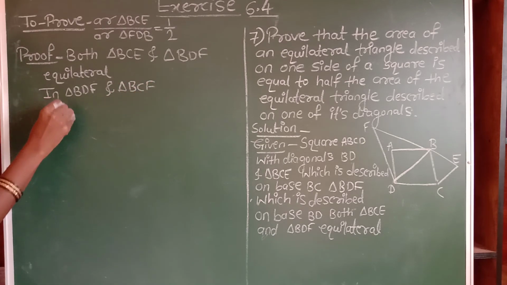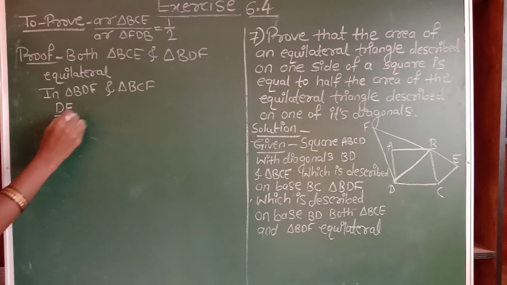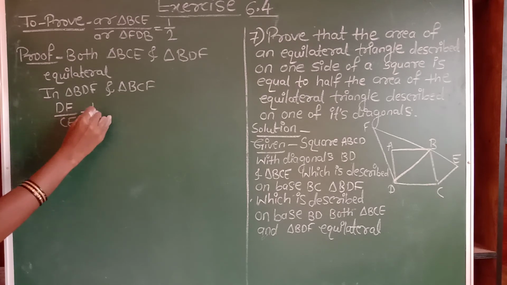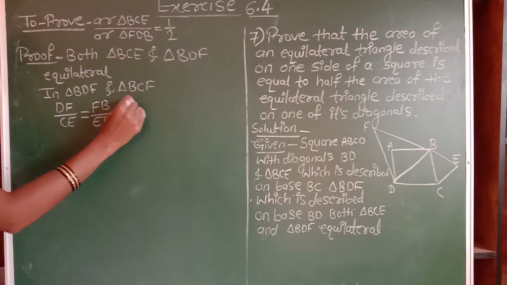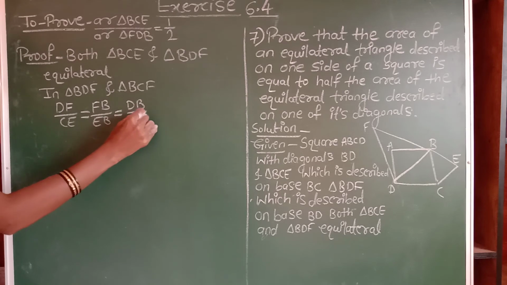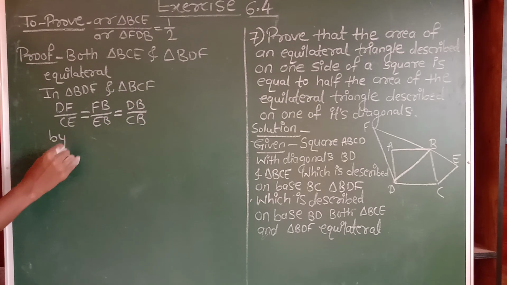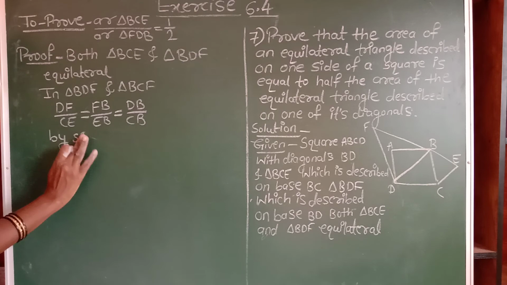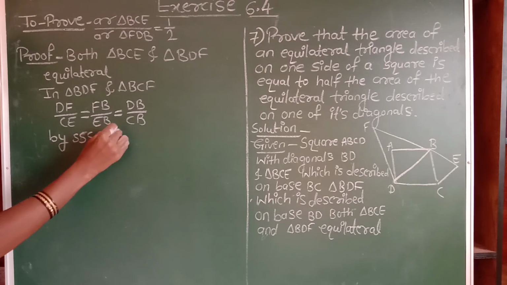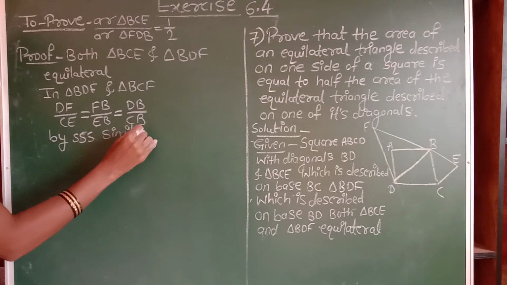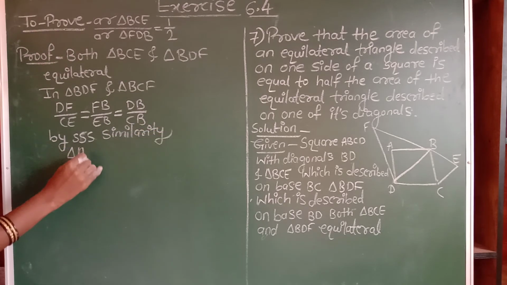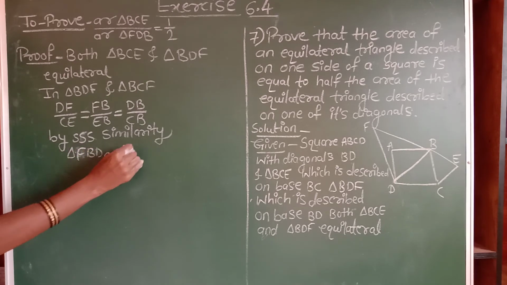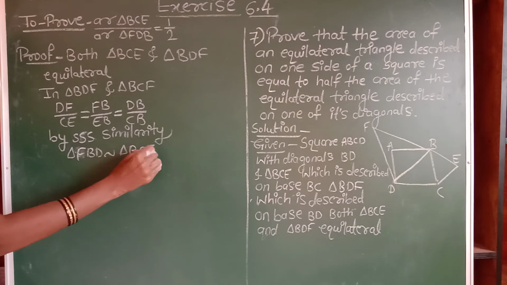In triangle BDF and triangle BCE, we can write the ratios DF by CE is equal to FB by EB is equal to DB by CB. By SSS similarity, we can say that triangle FBD is similar to triangle BCE.